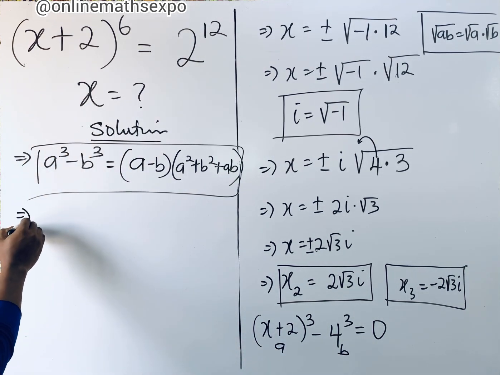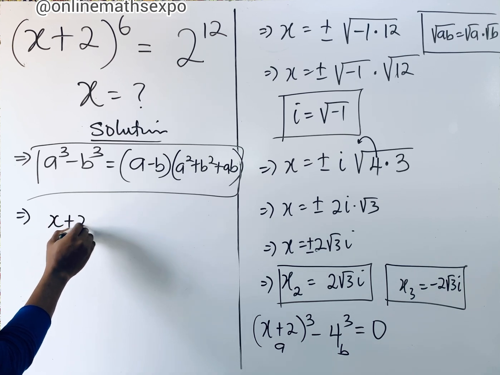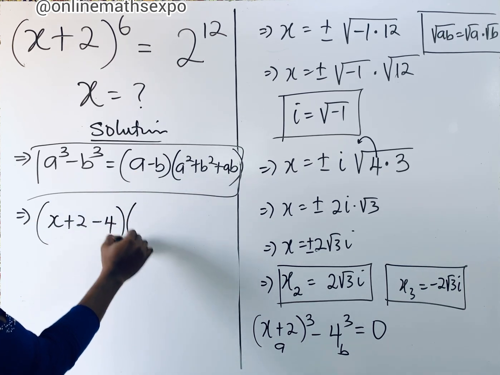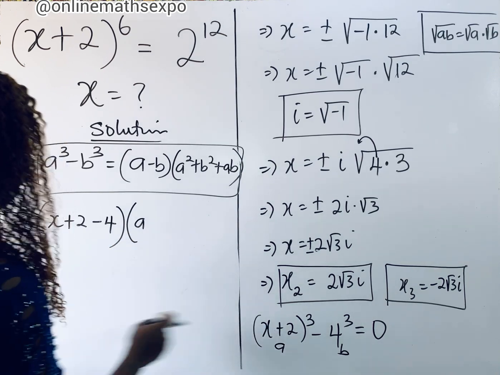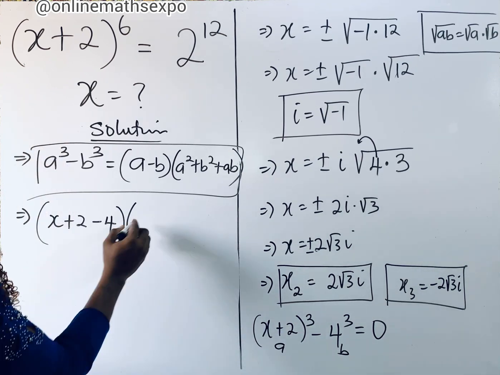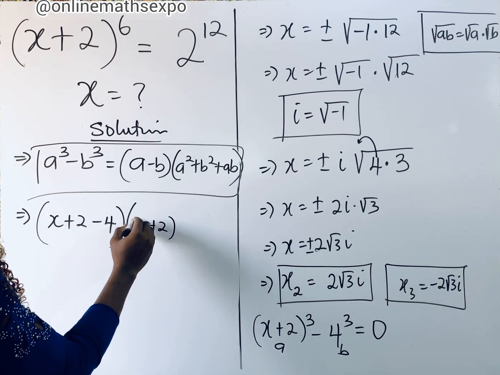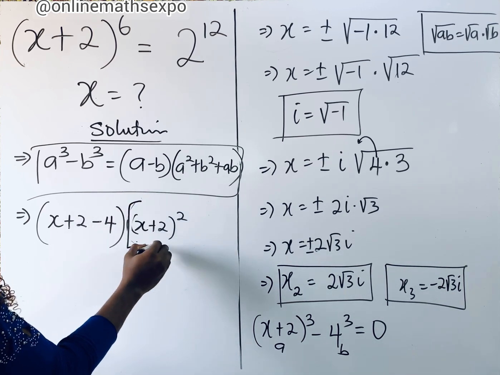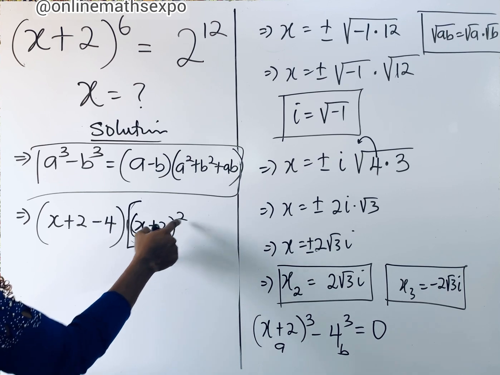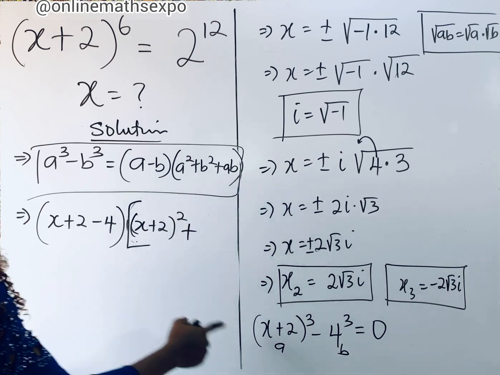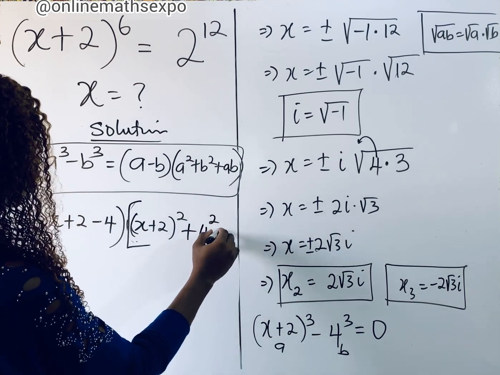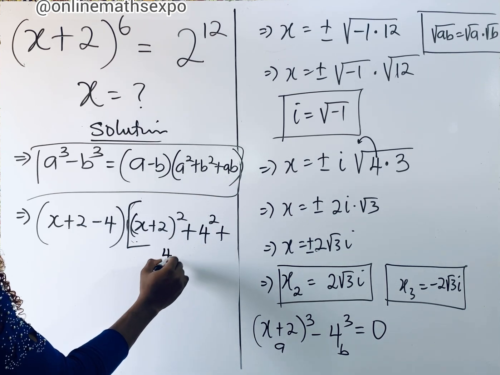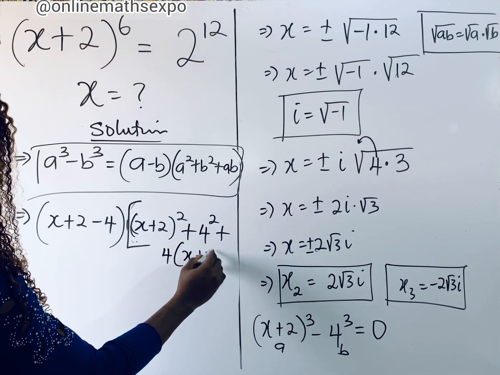So we are going to now have x plus 2 minus 4, okay? Then into our a, which is x plus 2, so we're going to have (x + 2) to the power of 2 plus our b, which is 4, so we have 4 squared, plus a multiplied by b, so we have 4 multiplied by (x + 2).